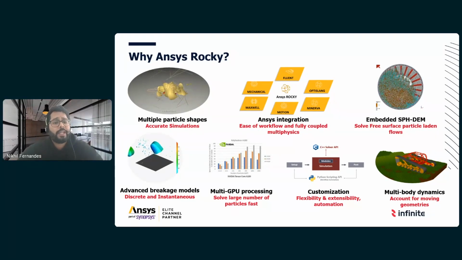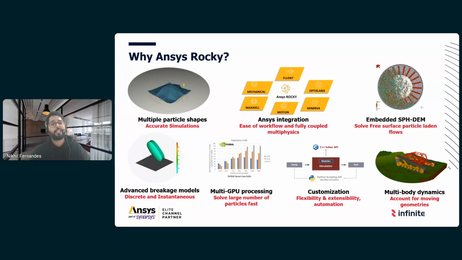And one of the other native things for Ansys Rocky is that it was natively built for GPUs. These days, there's a lot of advancement in GPU solvers, and a lot of effort and attention has gone into GPUs. We have done a lot of tests from our side, and we noticed that everything runs much more quickly on a GPU compared to 4 or 5 CPUs on Ansys Rocky.